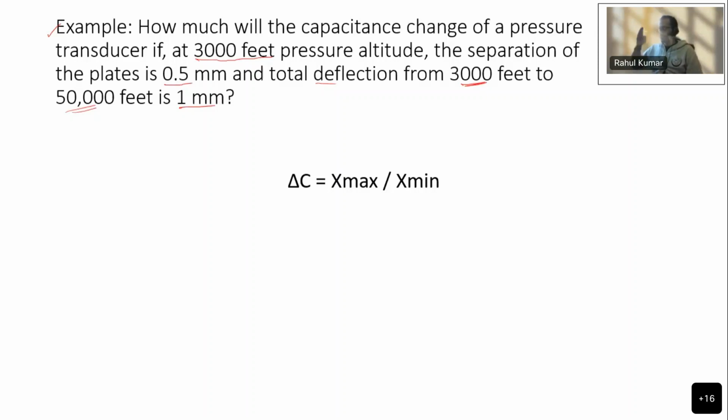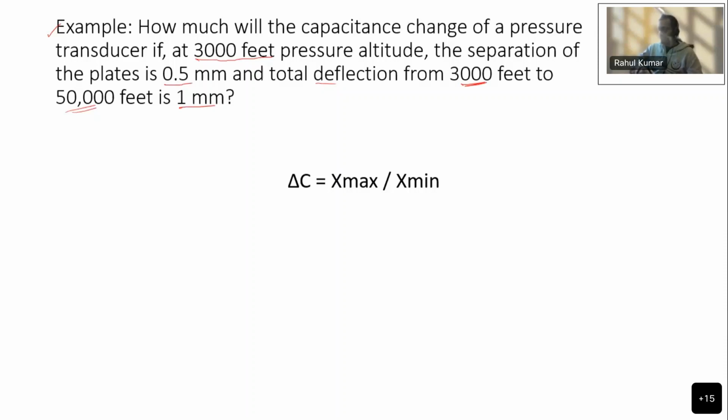So the aircraft is already at 3000 feet, and the separation between the two plates is 0.5 millimeter. Then it goes all the way up to 50,000 feet, and in that case the change in the distance between the two metal plates is 1 millimeter.